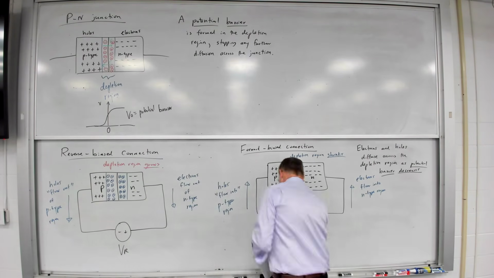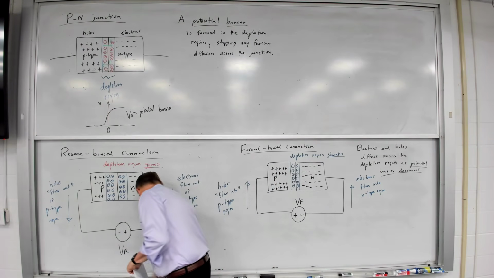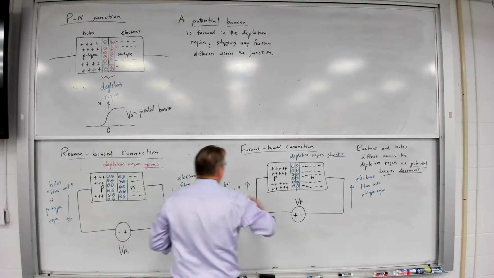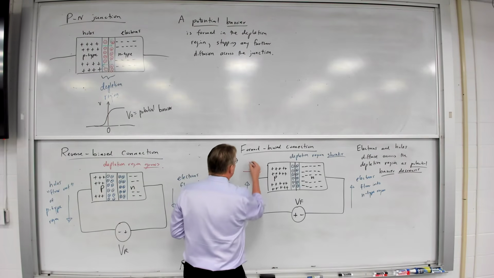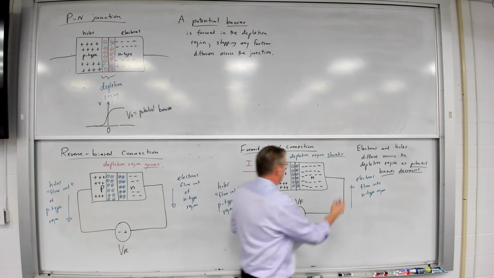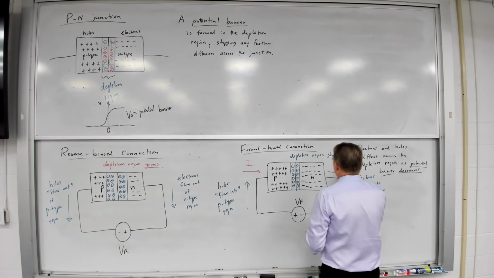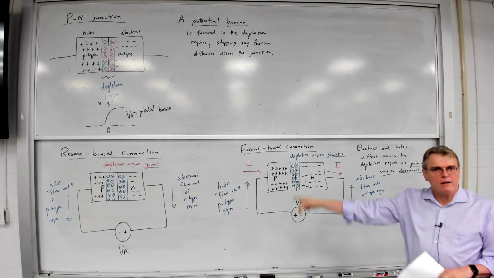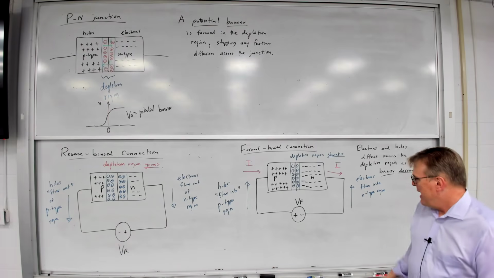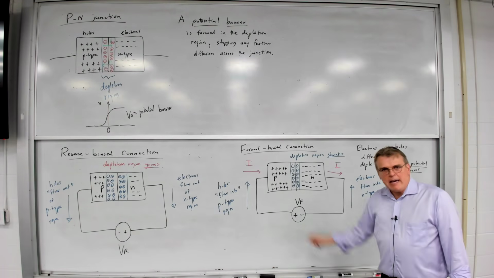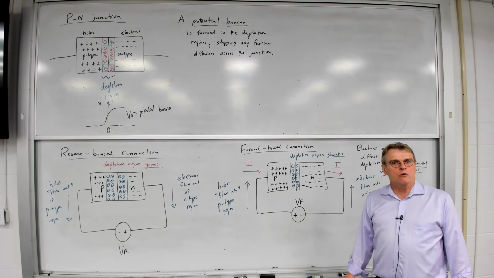So what this means is I'm going to define a current I, which is going to flow through this device. And as I increase VF, the current increases as well.